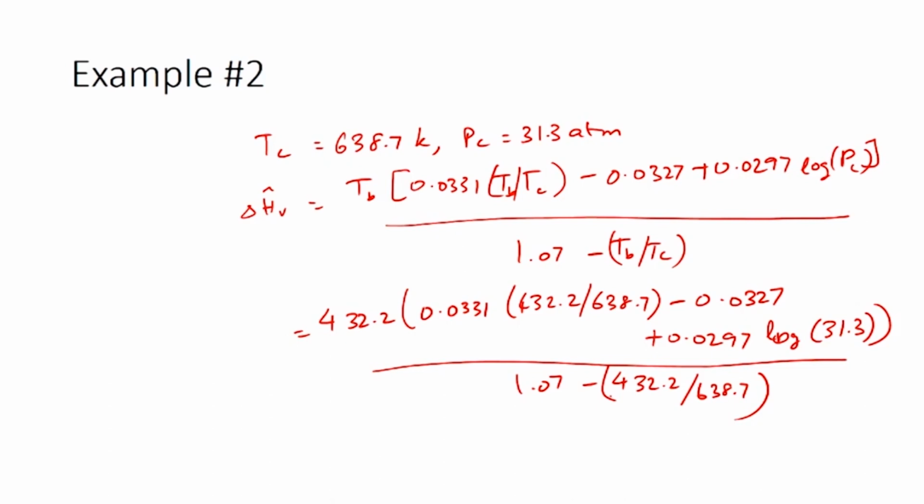Solving this equation we get delta H cap V as 37.49 kilojoules per mole. For this particular case Trouton's rule is more accurate than Chen's equation, though Chen's equation still gives less than 2% error.